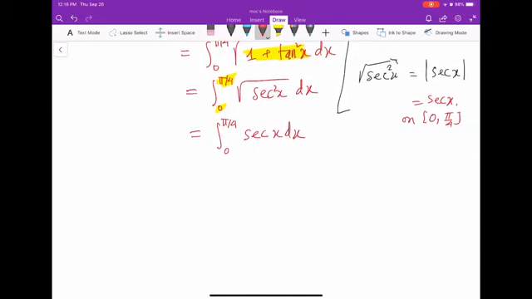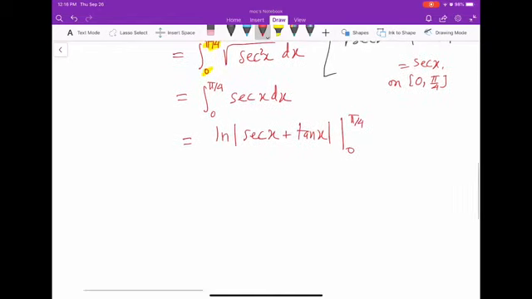So we can use the formula sheet, and the antiderivative of secant is ln of secant of x plus tangent of x, right? And this evaluated from 0 to pi over 4. Now you plug pi over 4 and 0 into this formula, you get ln of secant pi over 4, right?